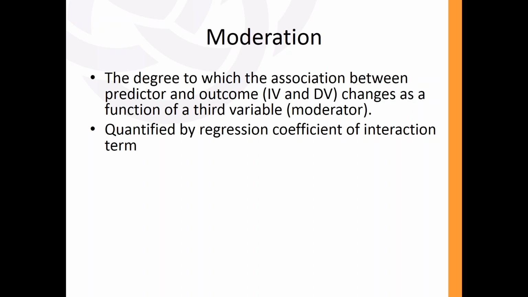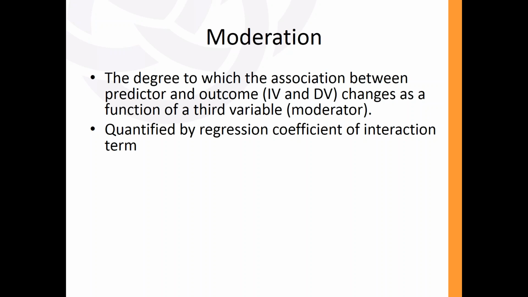This moderation is quantified by regression coefficients, and what we have is something called an interaction term, and I'll talk about that. But basically, you have the link between one variable and an outcome, a moderator variable and the outcome, and then the interaction between the predictor and the moderator.